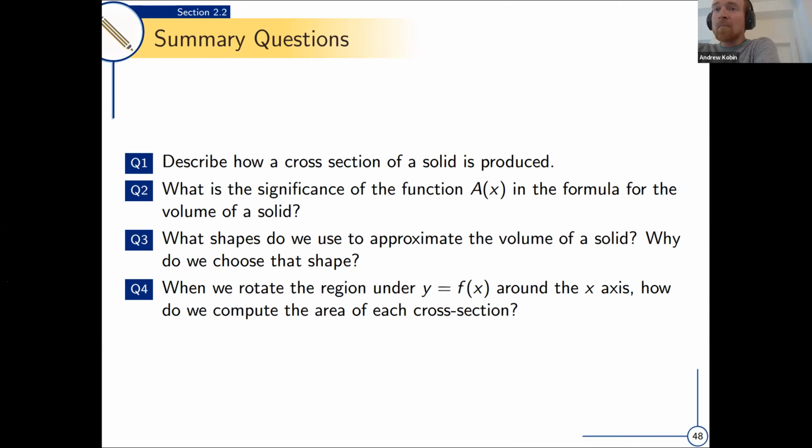And finally, if we go back to some people's previous calc experience, for some people this is completely new, when we find the region obtained by rotating some area under a graph around an axis, if we want to use our cross-sectional approach to recover that formula, how do we compute the areas of cross-sections in that setup?